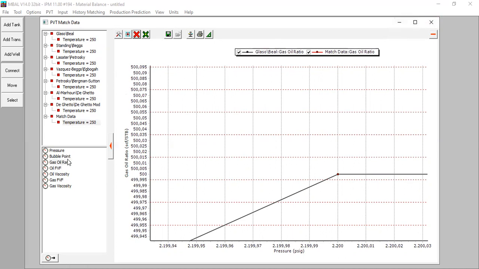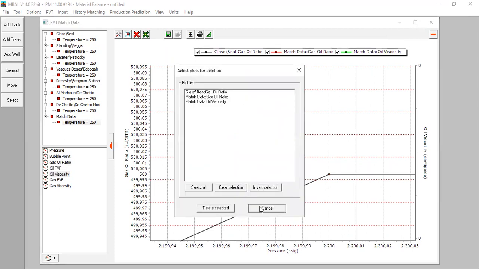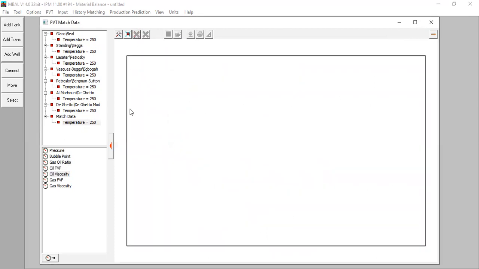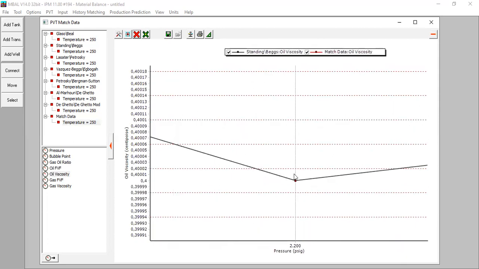Again, for oil viscosity, Beggs et al. is the best. So for example, here, Standing Beggs, because the viscosity will use the Beggs oil viscosity correlation, and the laboratory data there. So for Beggs et al., the viscosity is matched.